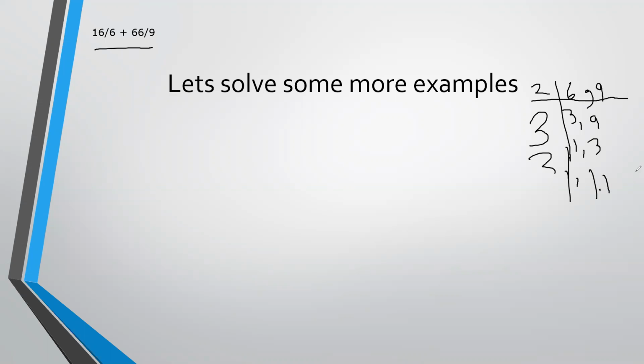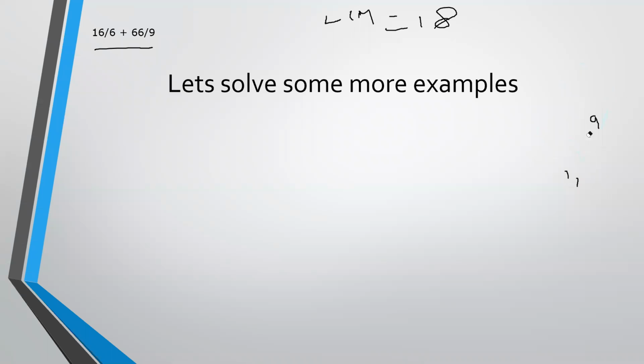So 2 threes are 6, 6 threes are 18. So the LCM is 18. Okay, let me erase this first. So for the LCM we have got 18.